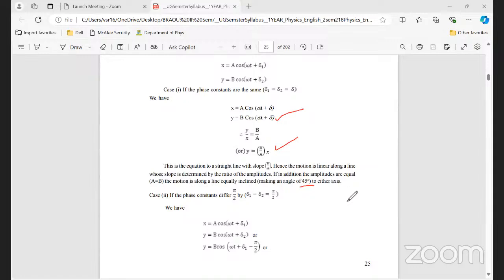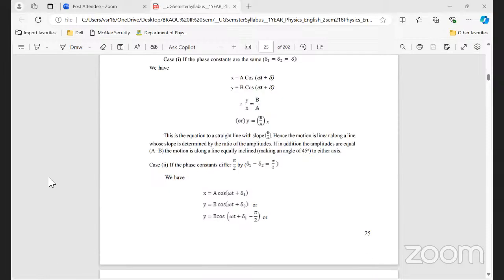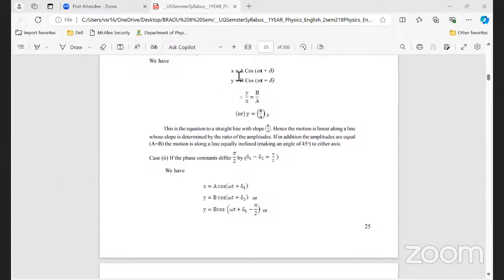So the condition is that if the phase constant differs by pi by 2, 90 degrees, that is, delta 1 minus delta 2 is 90 degrees, how are you going to write these equations here? Let us consider that x equals a cos(omega t plus delta 1), and y equals b cos(omega t plus delta 2).